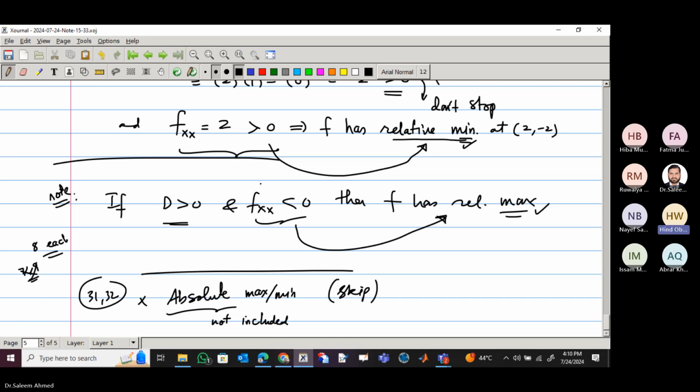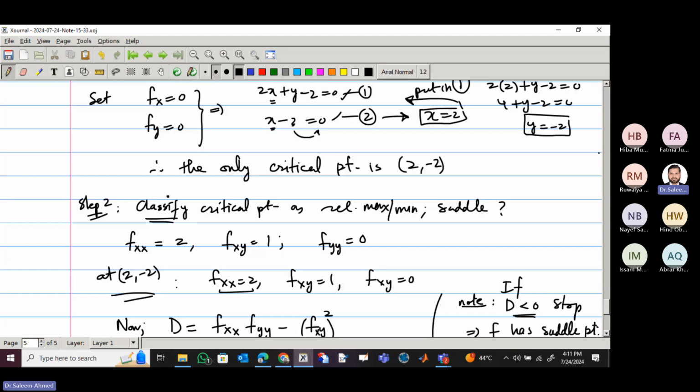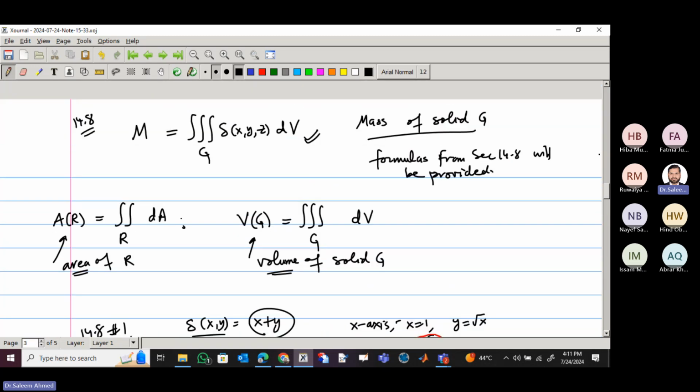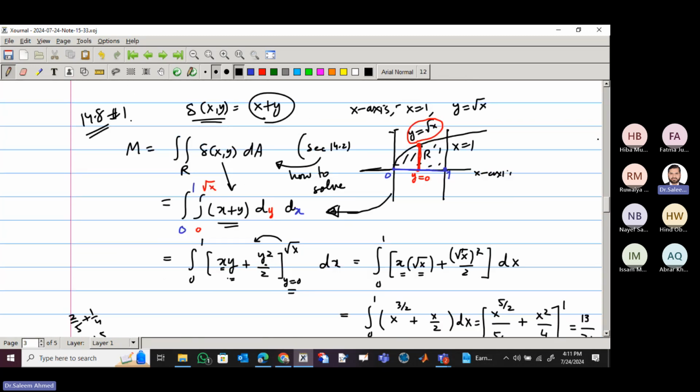Mister, will you bring one question related to 14.5 and 14.8? Yes, one question only. I may give you one simple triple integration with the limits, where limits are written like that, and I ask you to evaluate this.